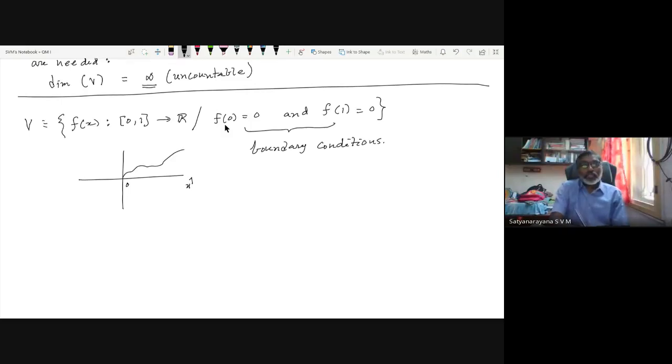This is not in V, because f of 1 is not equal to 0 here. But you can have a function like this, so this is in V.